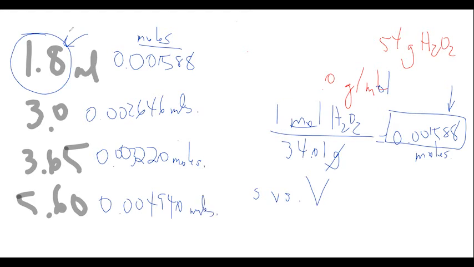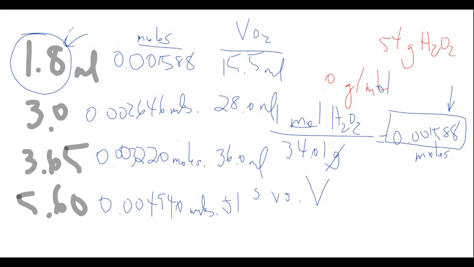And my volumes of O2 gas were 15.5 mils, 28.0 mils, 36.0 mils, and approximately 51. So obviously that's going to be an issue.